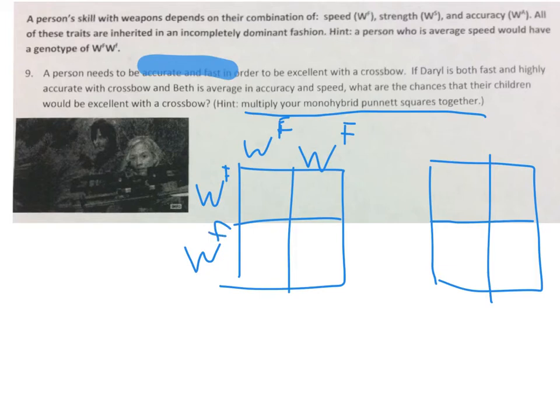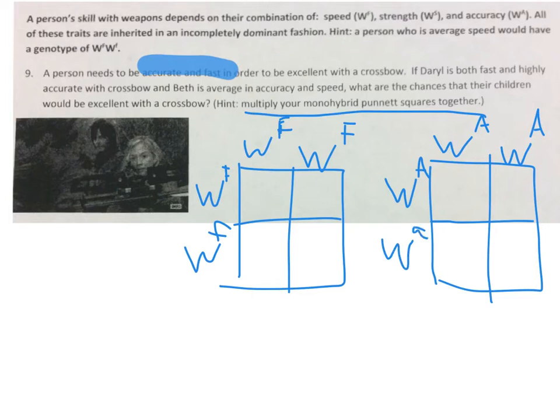I'm going to go ahead and let you fill that in, because I know you can, and I forgot my stylus at home, so it's hard for me to write. He is also very accurate, so W-A, A for awesome, and accurate. And Beth is average again, so she's W, capital A, W, lowercase a.